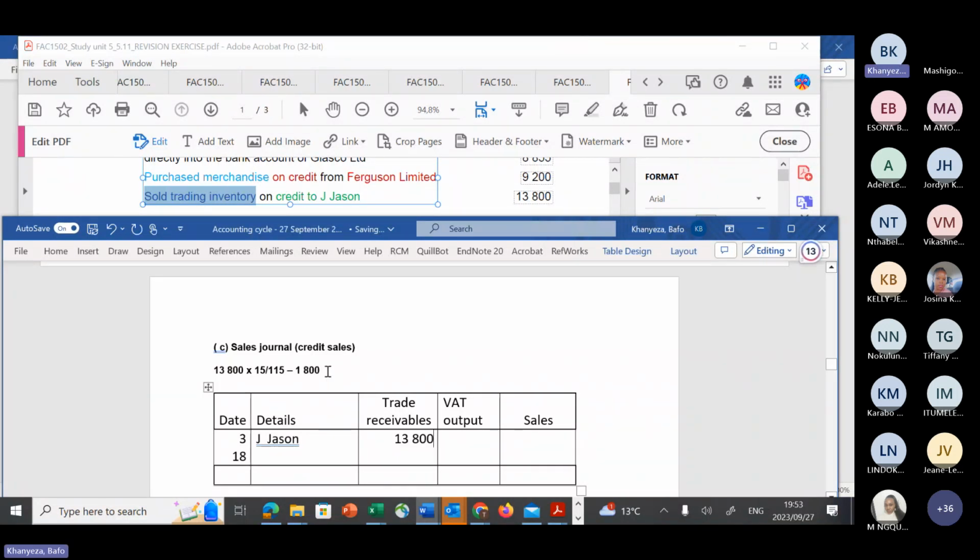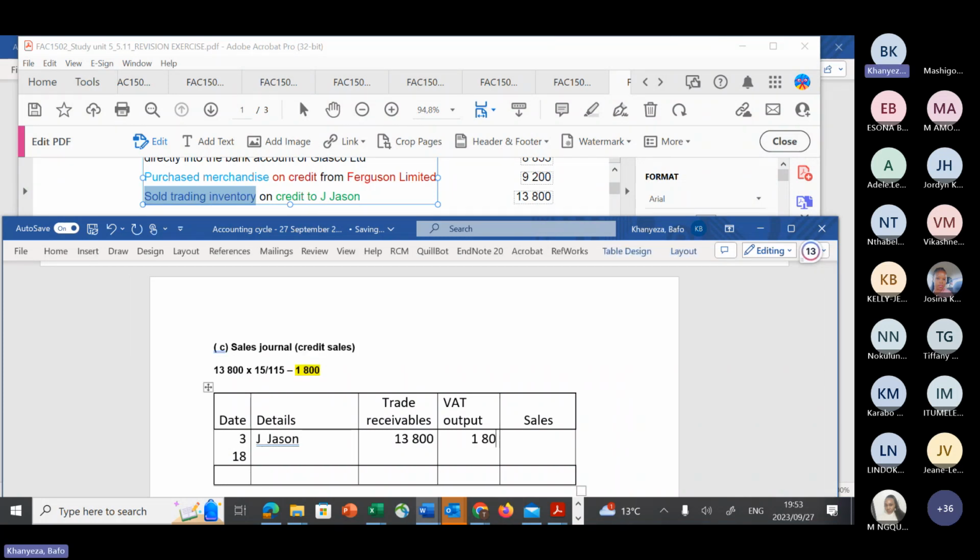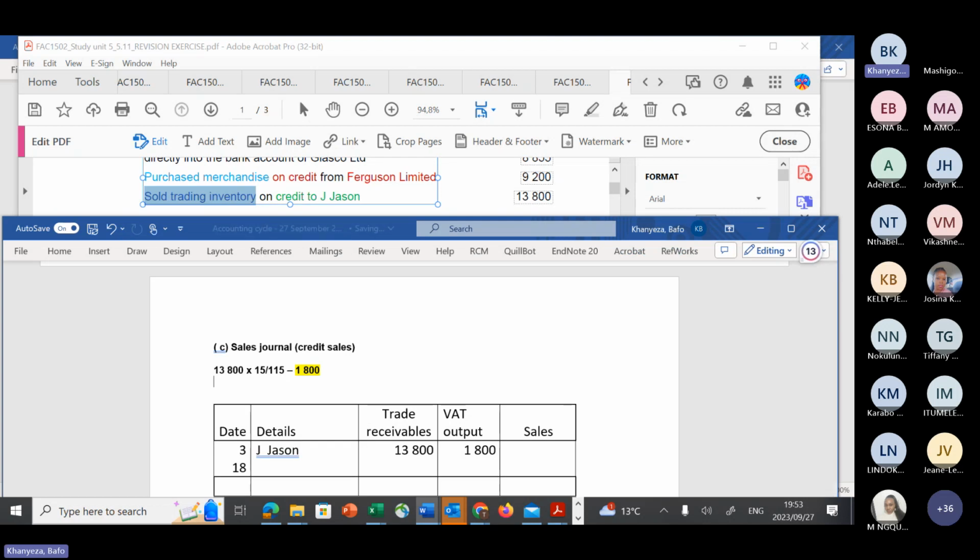And then we split this VAT here, which is an output VAT, 1,800. The net sales is what belongs to them, because they were collecting VAT for SARS, minus 1,800. In actual fact, it's 12,000. The VAT they are collecting for a third party.